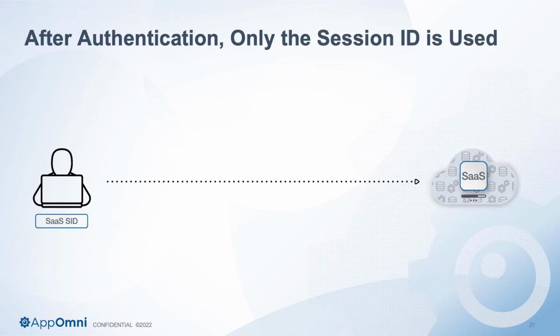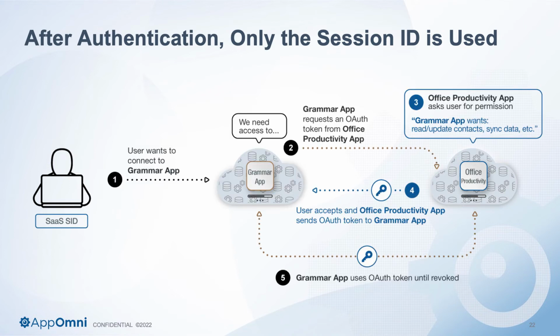So you always get the session ID, no matter how many hoops you have to jump through for that initial user authentication. Once you're authenticated, your browser is just using a session token. And until you log out or reboot or close your browser, that's all you need for the remainder of the day.